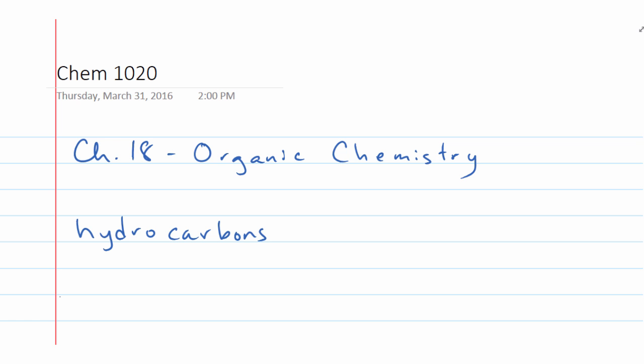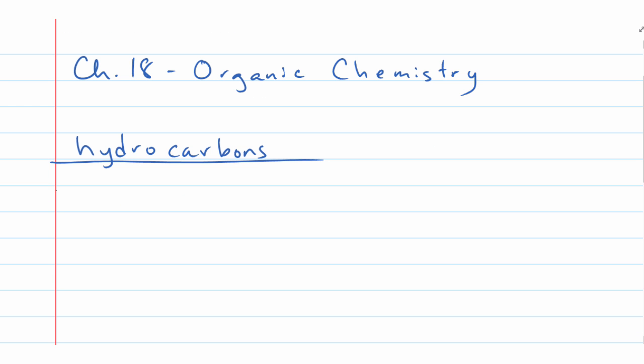So when it comes to hydrocarbons, we also use the terms saturated and unsaturated as the two main categories. If it's a saturated hydrocarbon, that means all of the carbon-to-carbon bonds are single bonds.